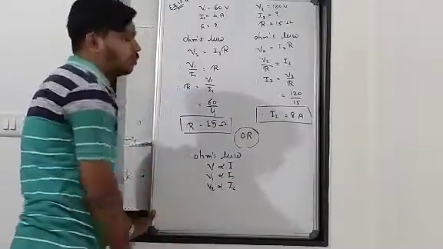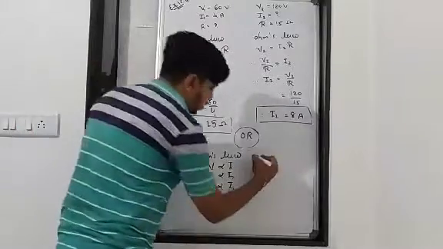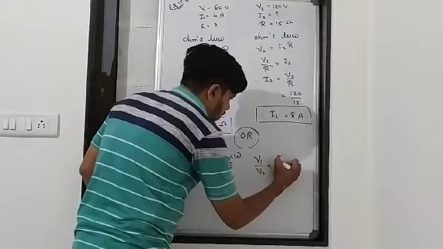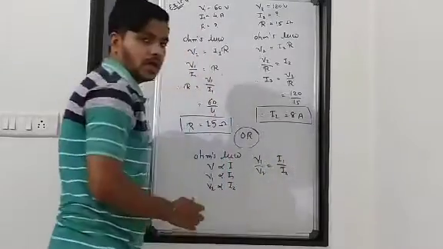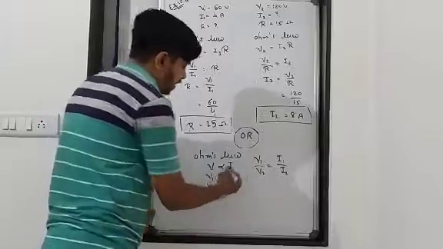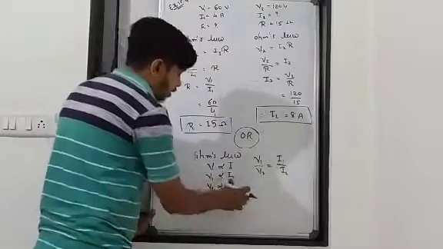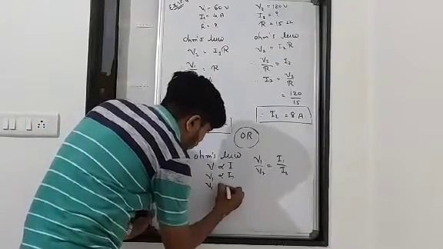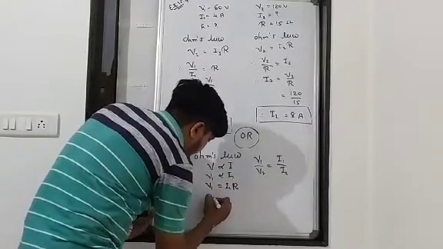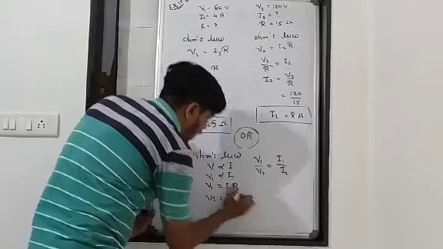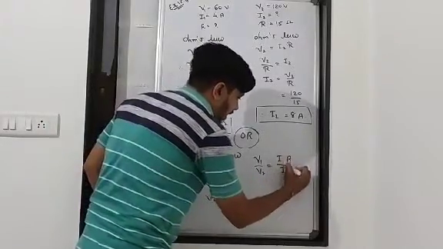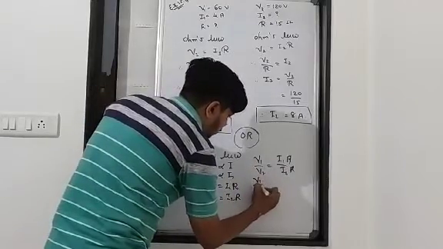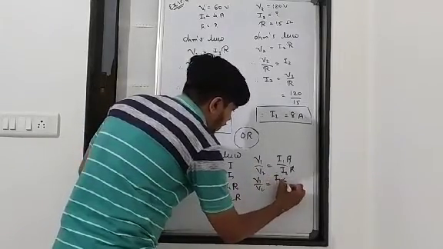If we take the ratio of both of them, then V1 by V2 is equal to I1 by I2. Because in both cases, V1 is equal to I1R, and like that V2 is equal to I2R. Now put the values here, both the R's cancel. So here V1 by V2 is equal to I1 by I2.